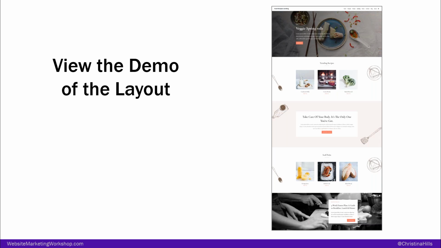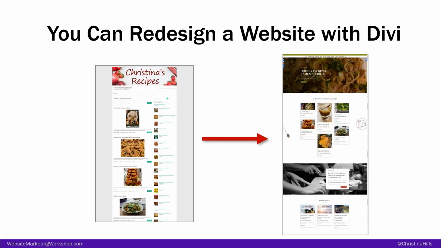So here's an example of a layout that I picked for one of my websites. I was redesigning my recipe website with Divi. This is a screenshot of my old website, and then here's a screenshot of the new website. And look at how much more professional it looks.